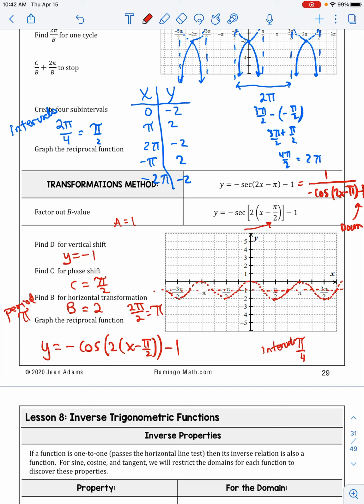And then this is where your vertical asymptotes are, where this is going through the center line. So that's considered your 0. This one would actually be 1 too, because it's going through the center line there.